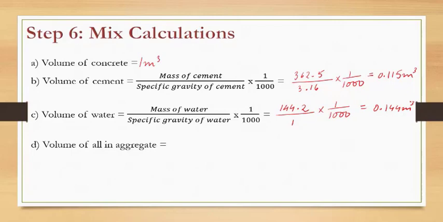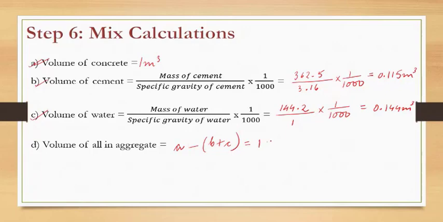Next, we have volume of all-in aggregate. So how much volume of all-in aggregate do we get? From the volume of concrete, or the total volume, if we deduct the volume of cement and the volume of water, then we will get the volume of all-in aggregate. So volume of all-in aggregate is A minus B plus C. B means volume of cement and C means volume of water.